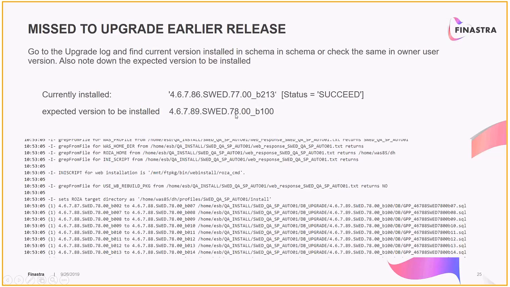You can also check that the DB upgrade lists what scripts are about to be implemented. This is the first script being tried, which is 7800B012. So you can verify the mapping of this script.